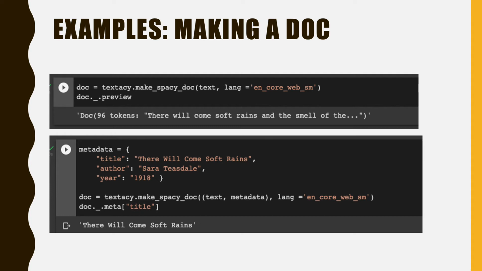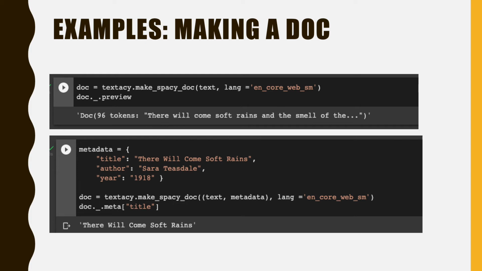I did face some issues while demonstrating the making of a doc. Like I previously mentioned, the use of both TextaCy and spaCy may not have been necessary if I could have just used spaCy. However, since I was demonstrating TextaCy, I tried to make this work as per the documentation.